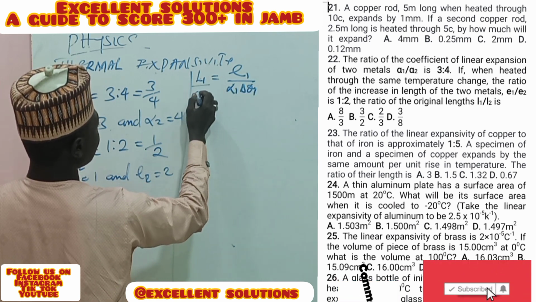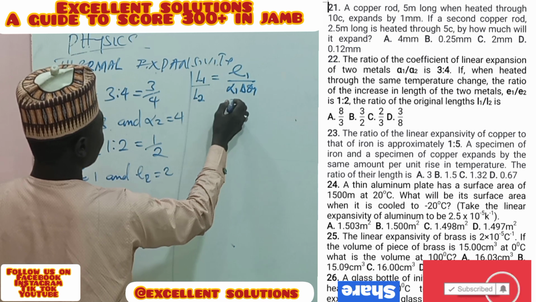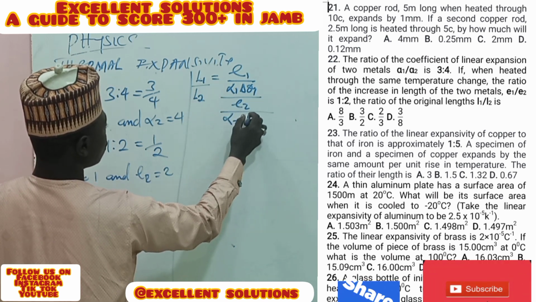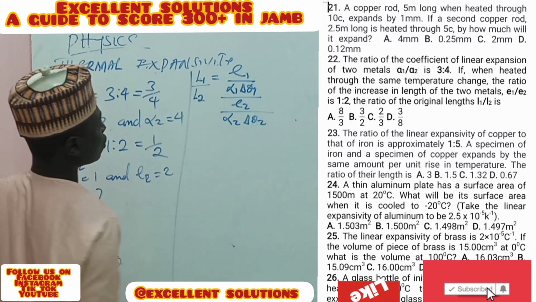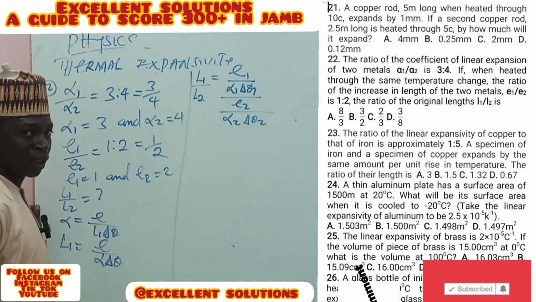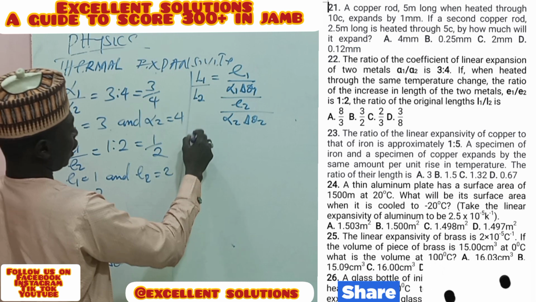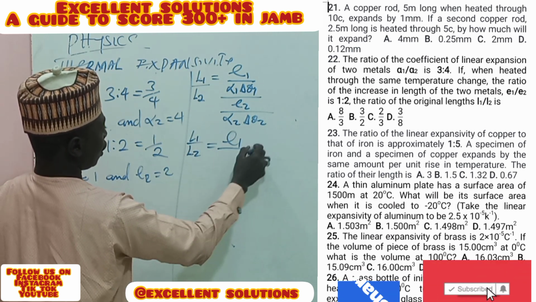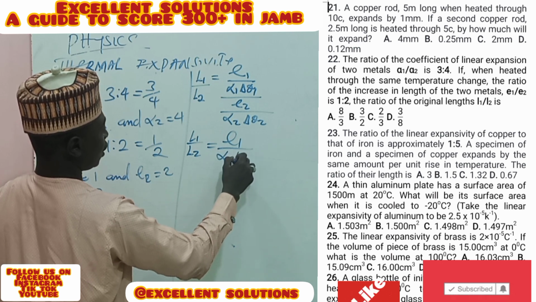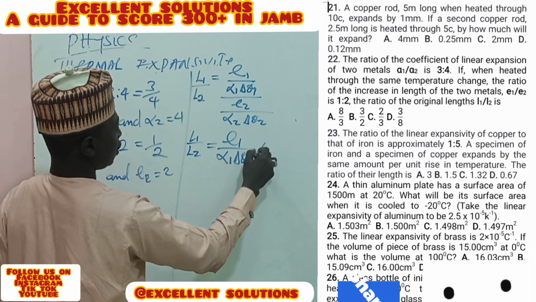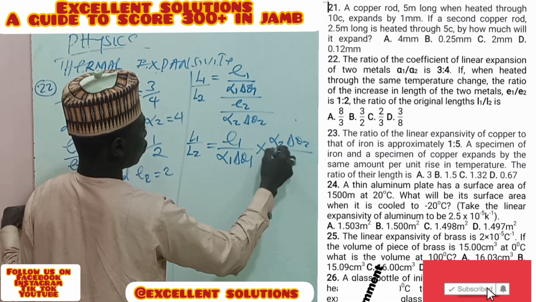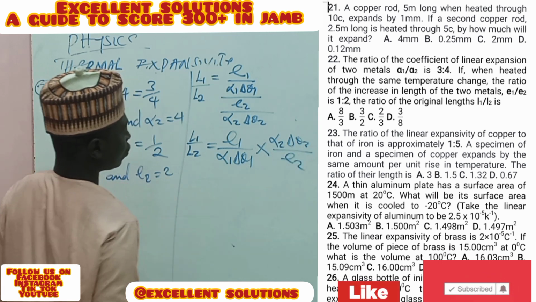If we divide it by L2, we now have E2 over alpha 2 delta theta 2. So this one we take the reciprocal. We have L1 over L2 is now equal to E1 over alpha 1 delta theta 1, then times alpha 2 delta theta 2 over E2.